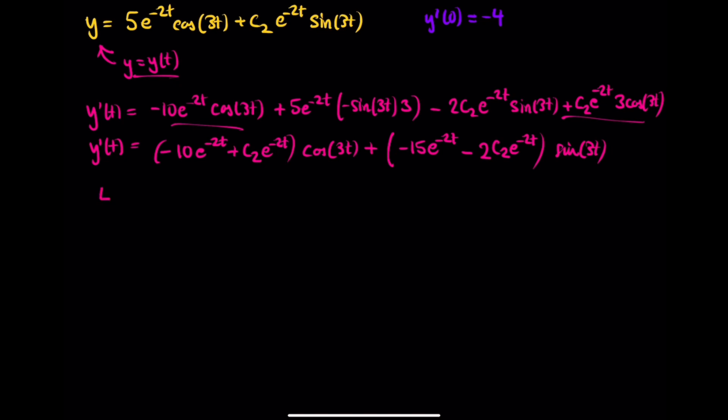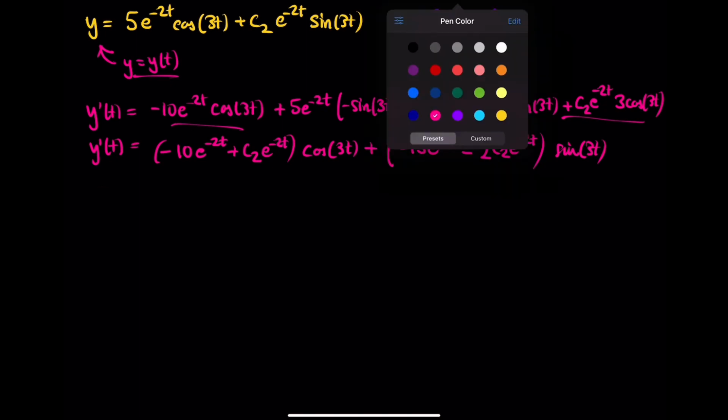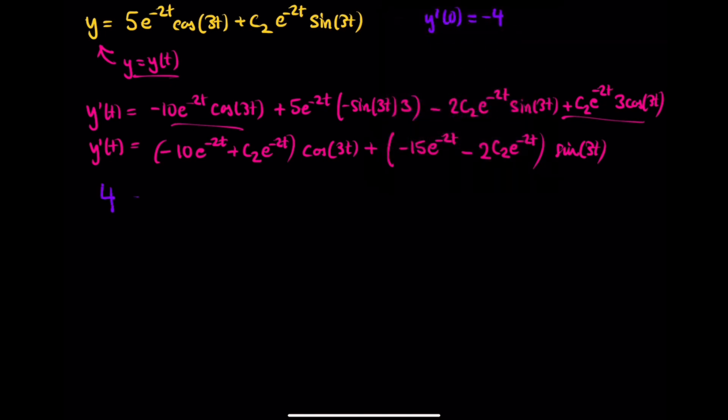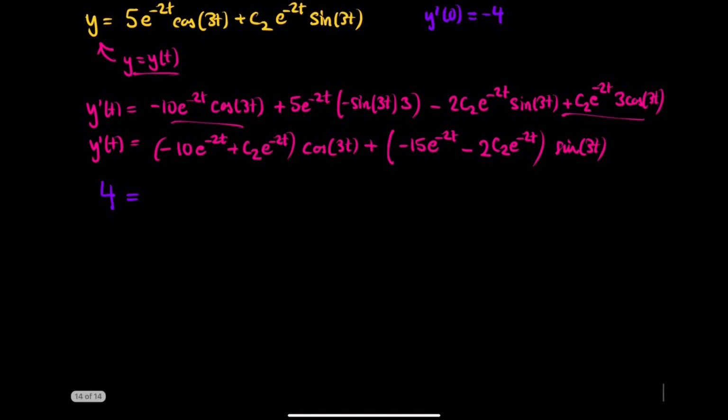I'm going to plug this in, and I'm going to use purple because I can. 4 equals minus 10, and then this is just e to the 0, which is 1, plus c2 cosine 3t, and then minus 15 minus 2c2, and then 3t, t is 0, so there you go, and then sine of 0 again.